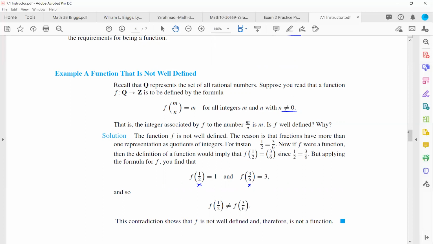If I reduce the fraction to 1 over 2, f of a half is equal to 1. But as you can see, the y values are not the same. The x values are the same, but the y values are not the same. So this mapping is not a function.